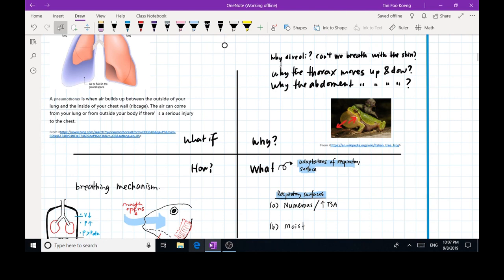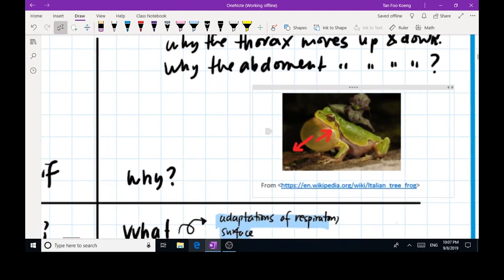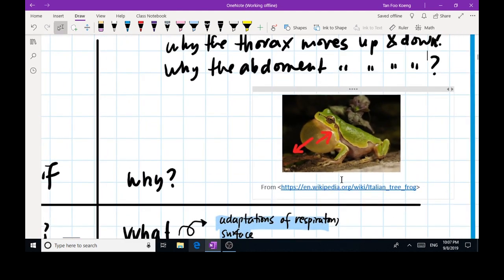Number two, why does the thorax move up and down when you breathe? Number three, why does the abdomen move up and down when we breathe? Perhaps this frog, the Italian tree frog, might give you some hints on how we breathe.